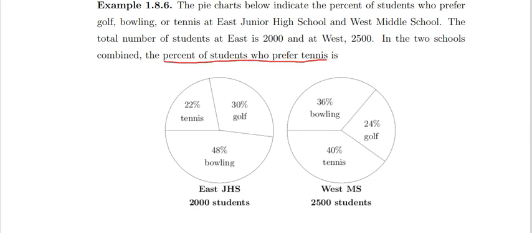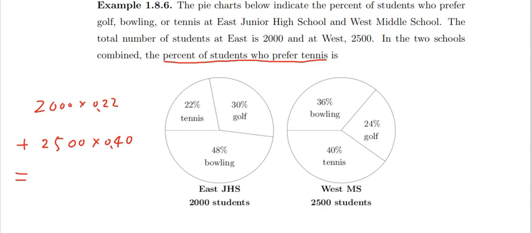Here, tennis is 22%, so the total in tennis is this number multiplied by 22%, plus this school's tennis 40% multiplied by this number. This is the total number of students who prefer tennis.